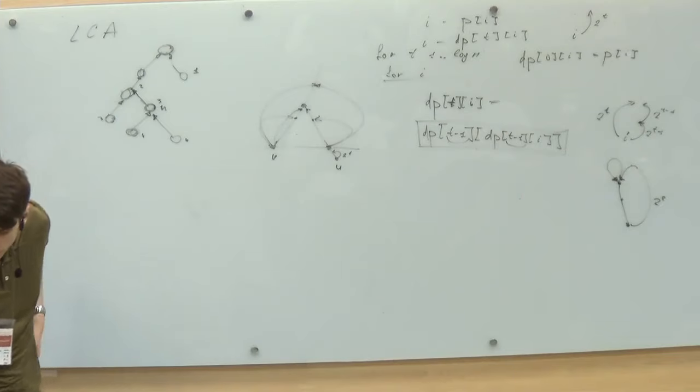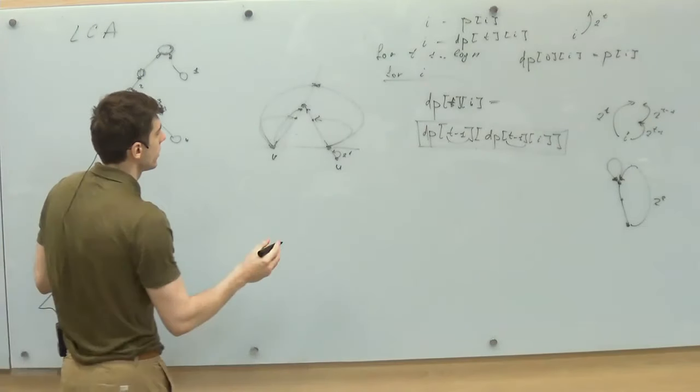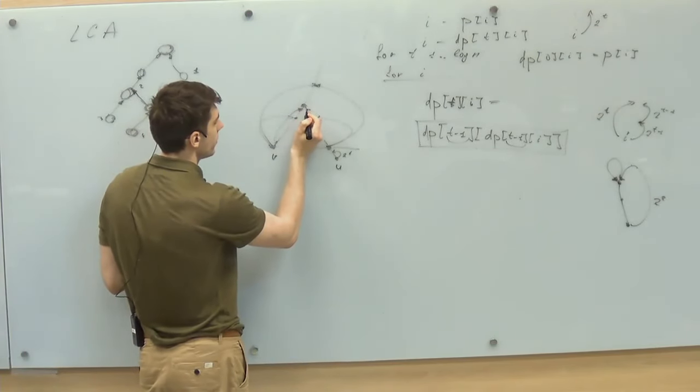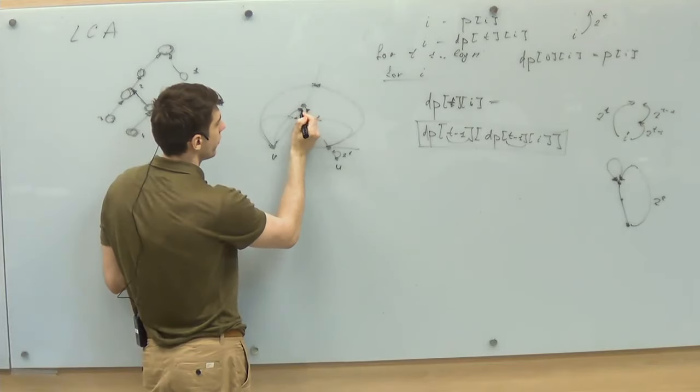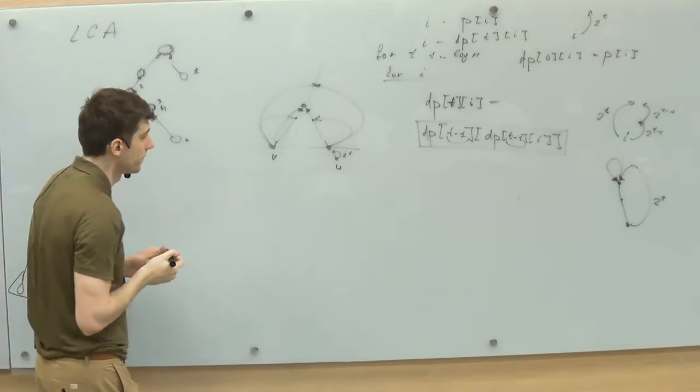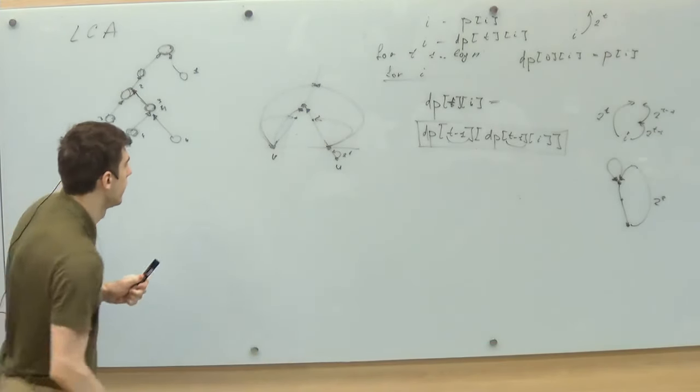So after we do that, we will know exactly that the lowest common ancestor is just a parent of both these vertices. And how to do so?